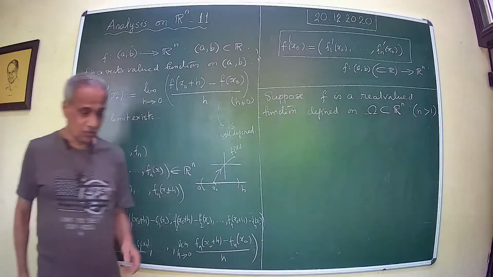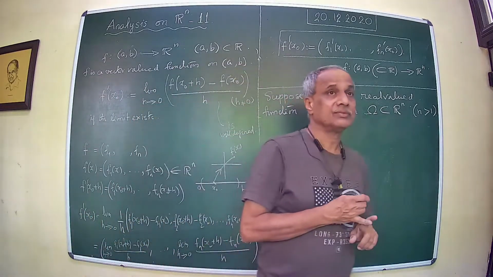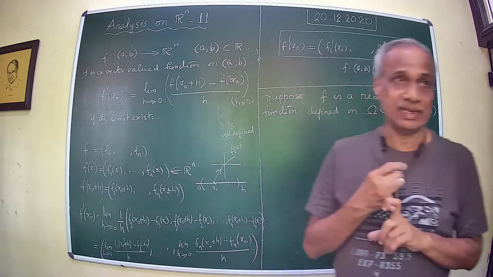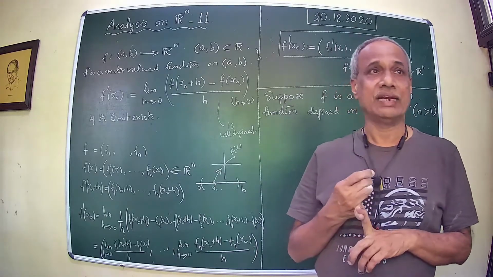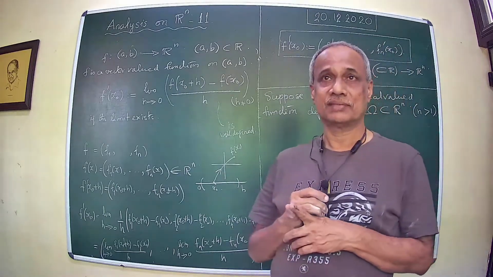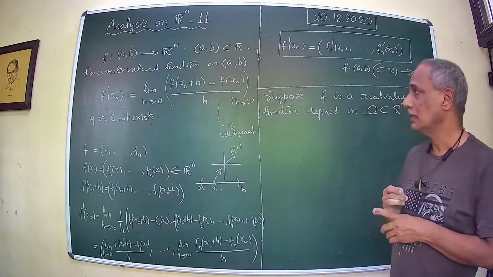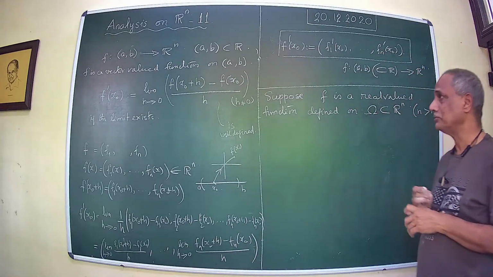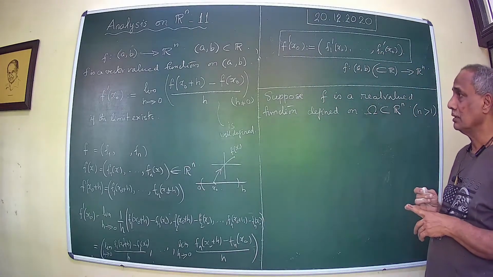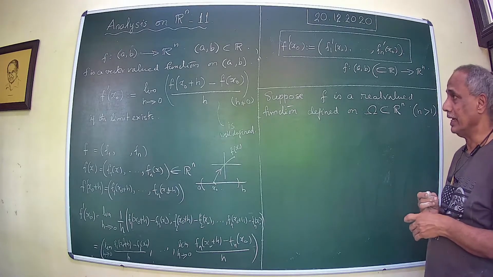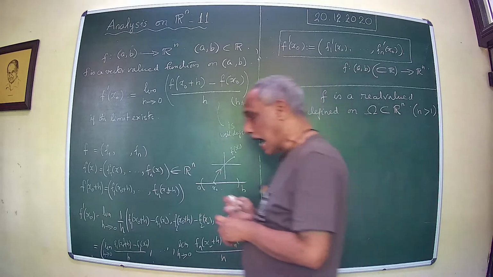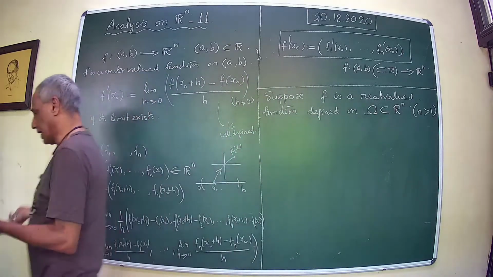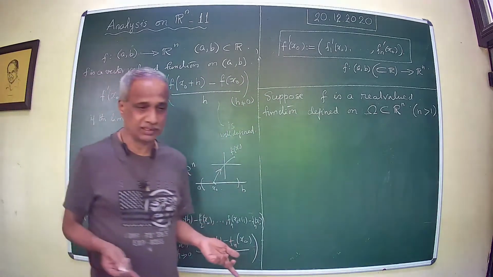Okay? So what have we done so far? We have had a look at the derivative in R^1. Just try to reinterpret it in some convenient way. Then we looked at f defined from R to R^n, that means vector valued functions.